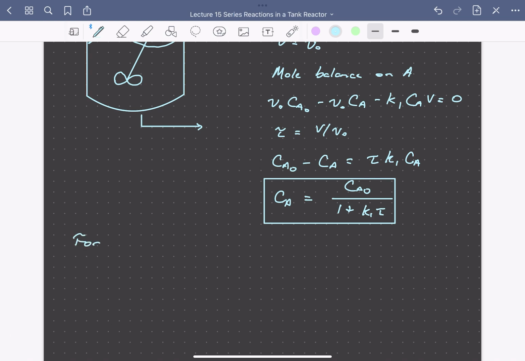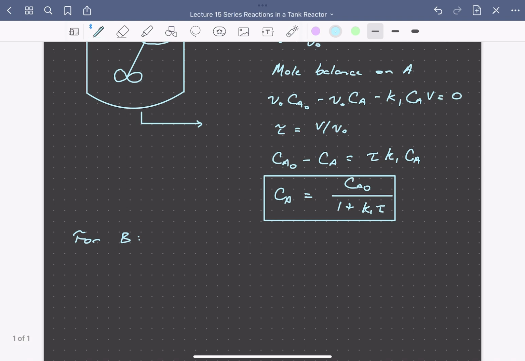So for B, we can write a similar mole balance. So the molar flow rate of B in is the volumetric flow rate times the concentration, but we said we had no B in our feed, so that term is just 0.